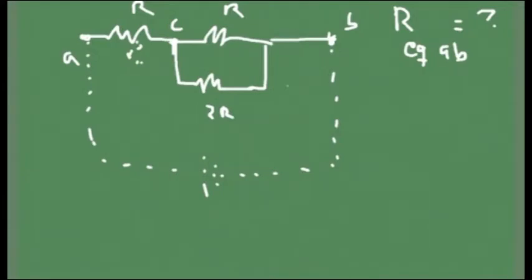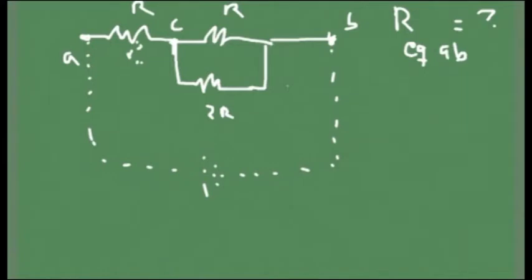So again, you see that the R and the 2R are connected in parallel. So now you're going to replace those 2 with one that will do the same job. 2 in parallel with 1 gives you what? Quick formula is you multiply the resistors and you divide by the sum. So 2 times 1 is 2 divided by 2 plus 1. Right?